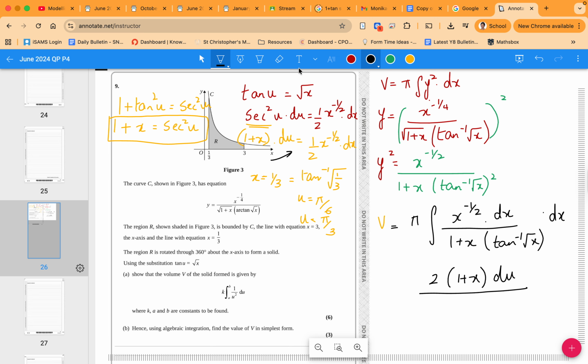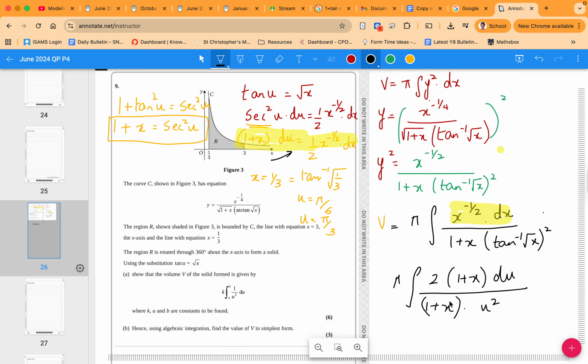That's how I've got 2. I'm going to keep the denominator as 1 plus x. Now tan inverse of root x will be u, and there's a square, so that becomes u squared. Sorry, I have an extra dx there. Now you'll see that most of the things are going to cancel out.